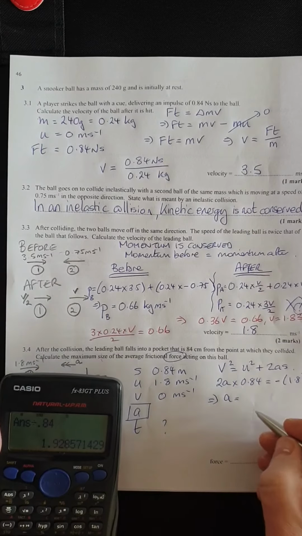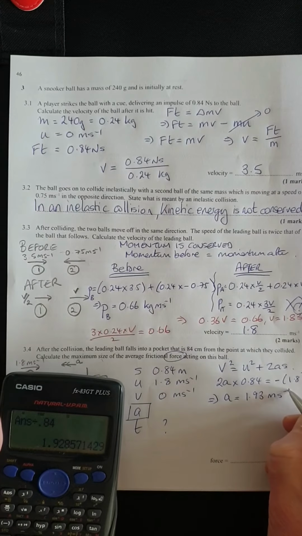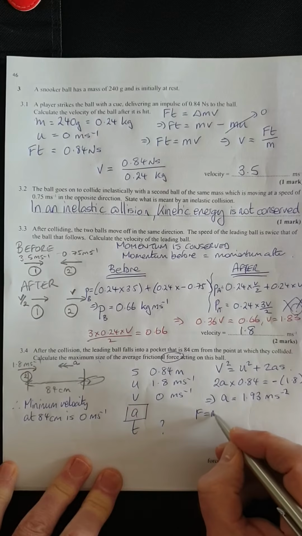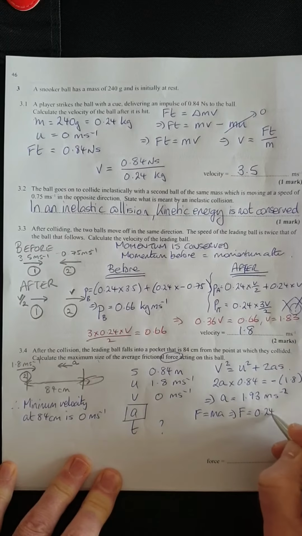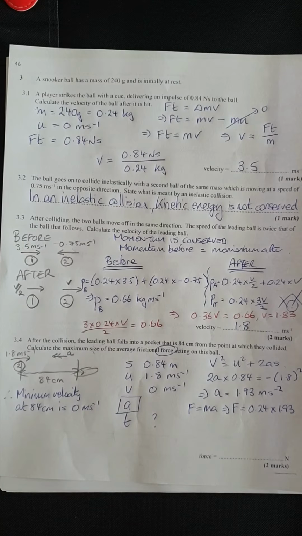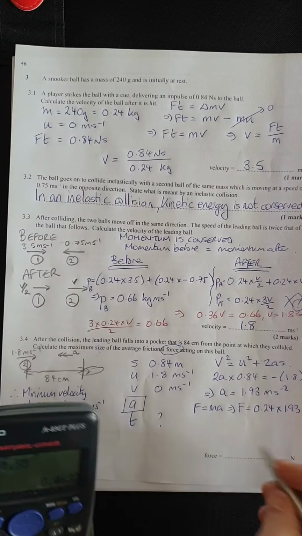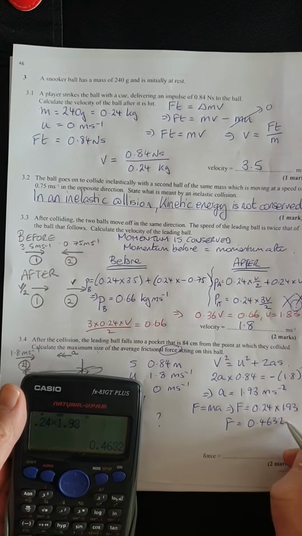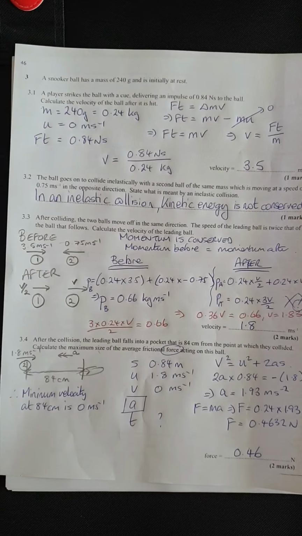That a is equal to 1.93 meters seconds minus 2. And then we can use F equals ma. That gives me the force is equal to the mass, which is 0.24, multiplied by 1.93. Gives me an answer of the force is 0.4632 newtons, and again I'm going to round that to two significant figures.